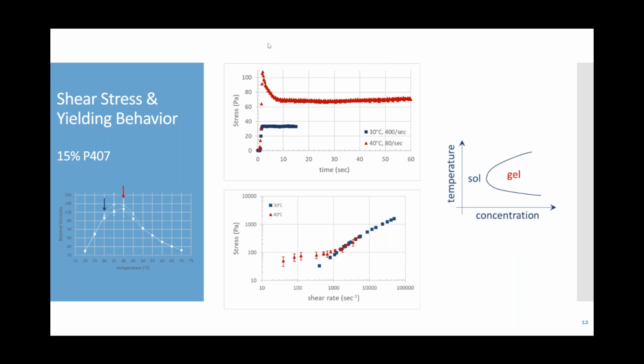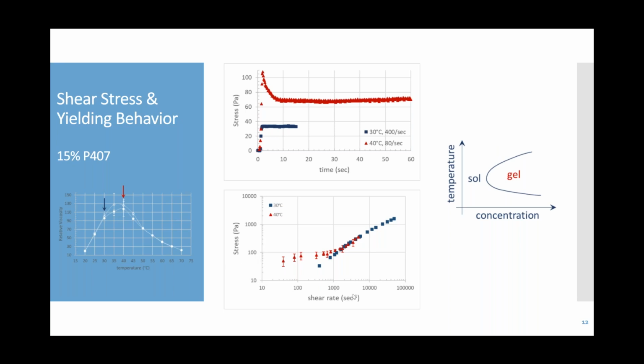So this indicates that perhaps for this 15% P4O7, we're more into this gel structure, where at a particular concentration, as we increase temperature, we go through the gel phase before we then move back into a sol phase.